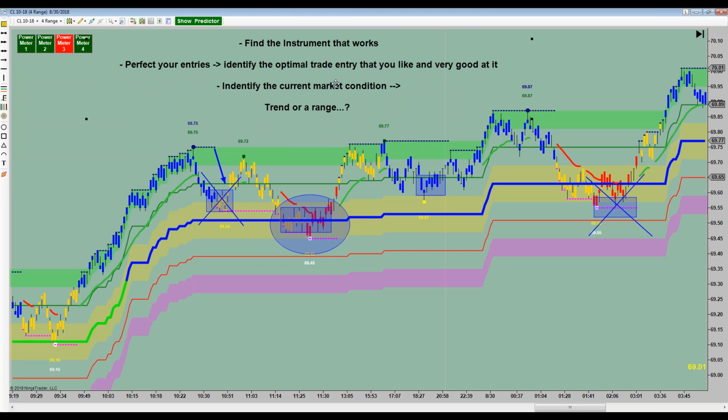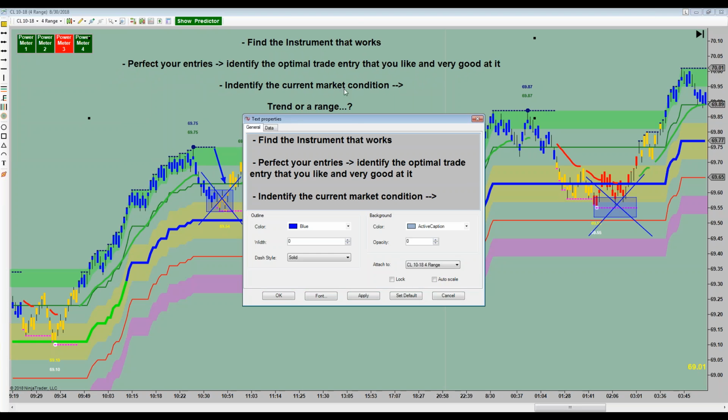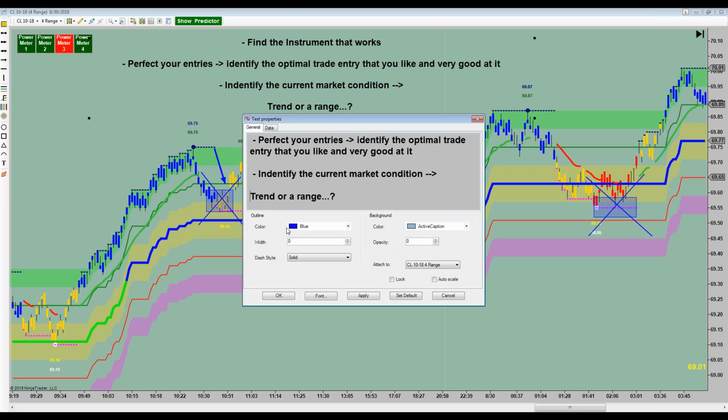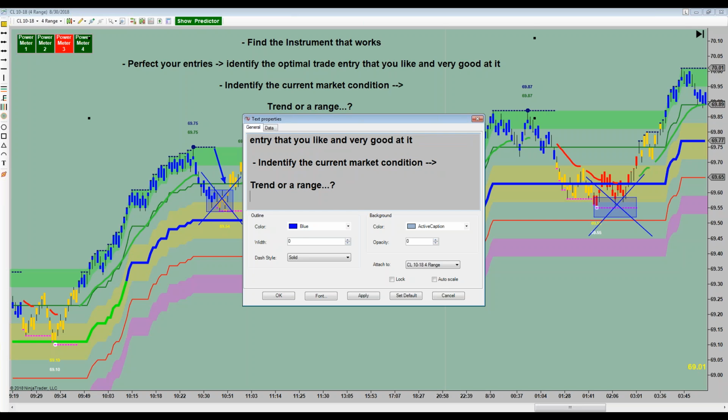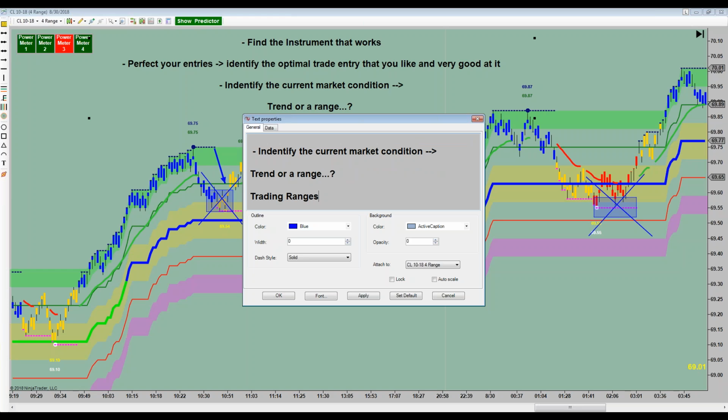And the final thing I'm going to say, because we're out of time, is how many, quick show of hands, how many of you like ranges, how many of you don't like ranges? Just show of hands. Do you like trading ranges or you don't? Yes or no? I can't answer that for you.